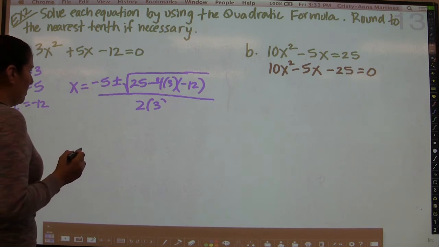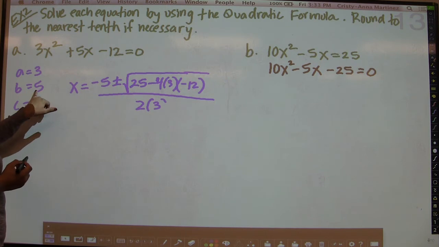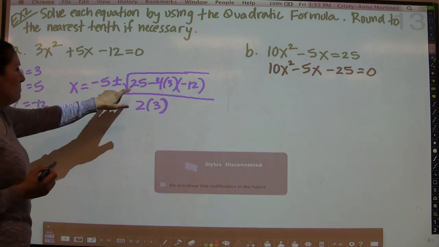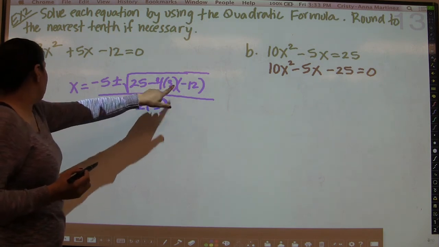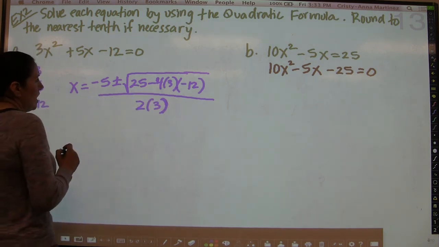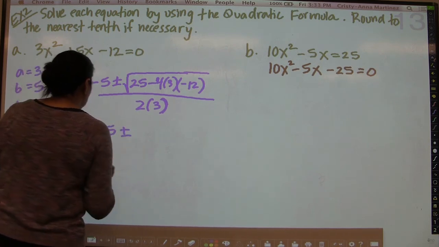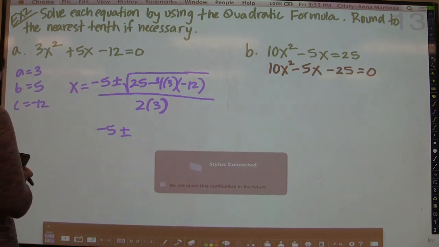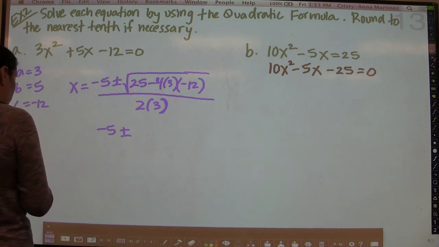We have x equals negative b. This time b was positive 5, so we have negative 5. And then we had b squared, which is 5 squared, 25, minus 4 times a times c, all divided by 2a. So now we're going to get negative 5 plus or minus, and we have 25 minus 4 times 3, which is 12, and 12 times 12 is 144.